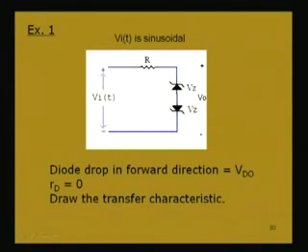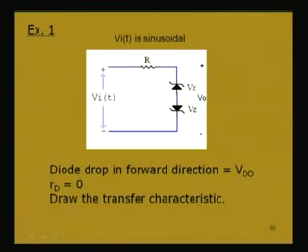Now, consider this circuit having Zener diodes. Zener diodes are also used for clipping or clamping, or both. This circuit has 2 Zener diodes, and these are ideal Zener diodes, meaning in the forward direction the diode drop is Vd naught and resistance is 0, and it has a Zener voltage Vz.